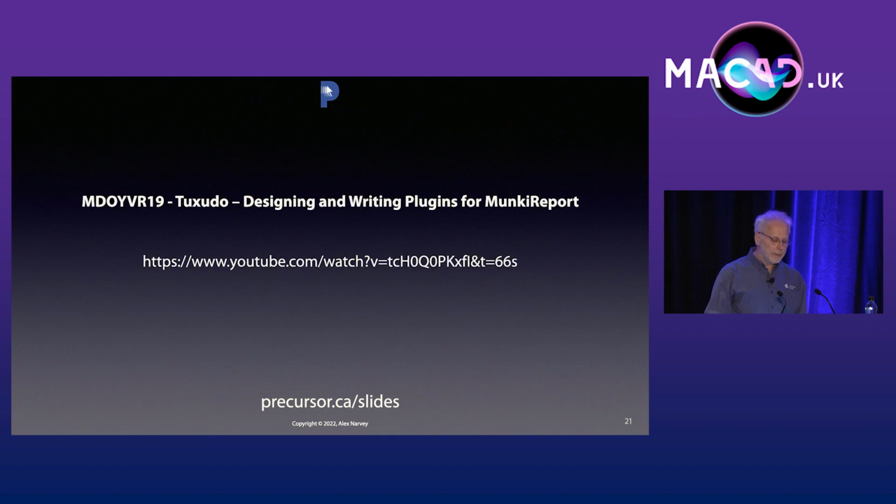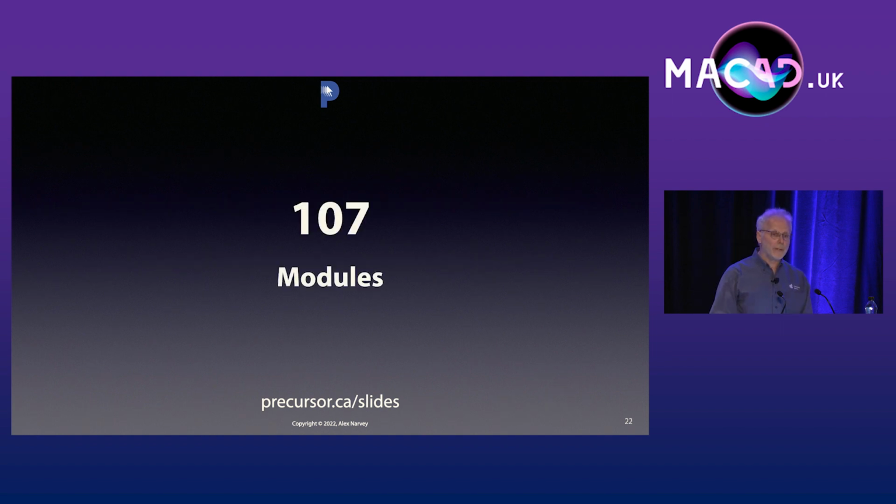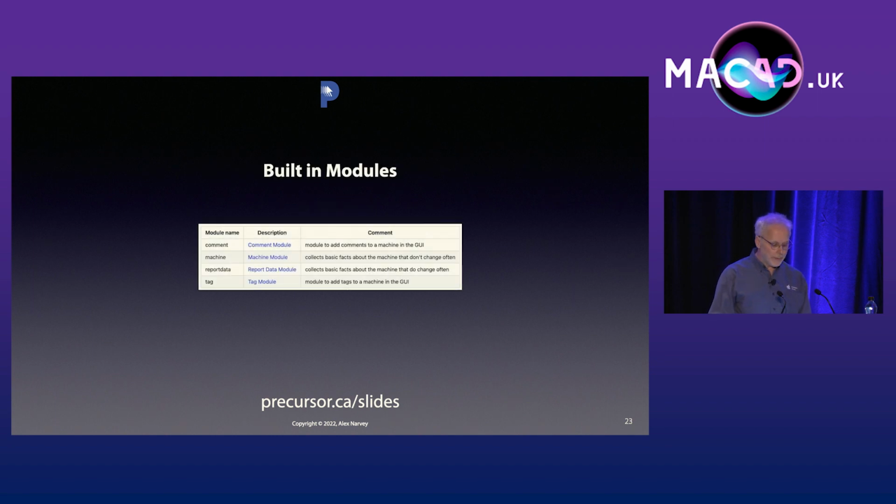John Eberle, aka Tuxedo, who has made more modules than anyone, gave a great talk on making modules at Mac DevOps, and I highly encourage you to view it. In researching this talk, I found 107 modules. There are 4 modules built in by default: the comment module, the machine module, the report data module, and the tag module.